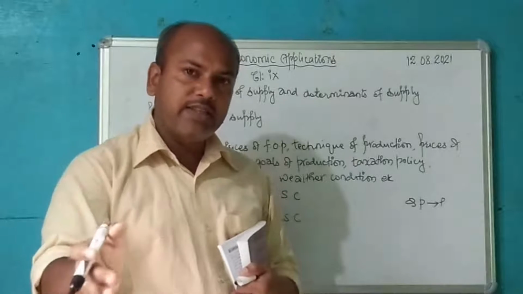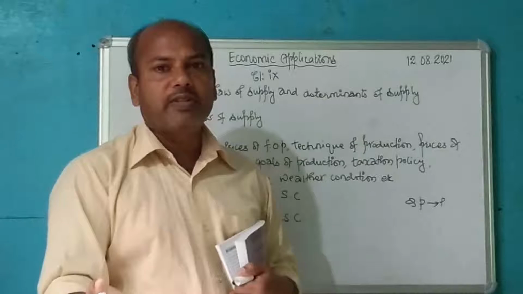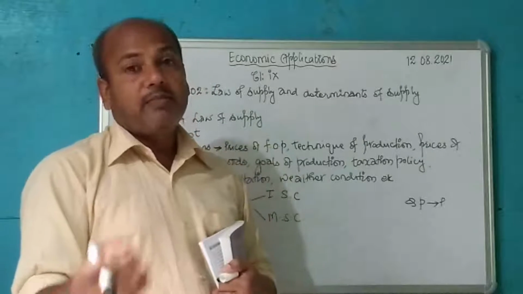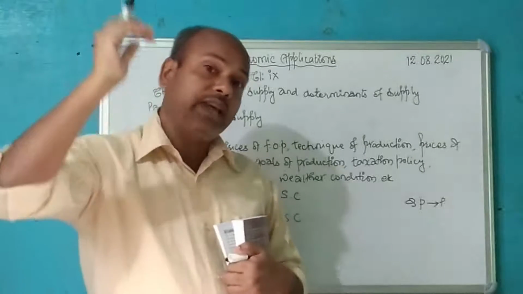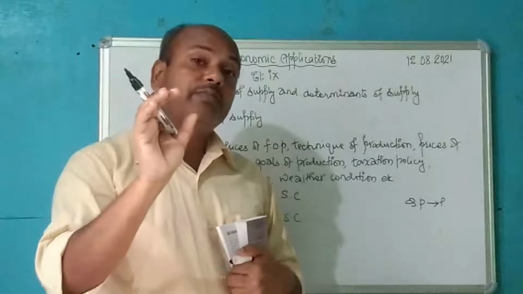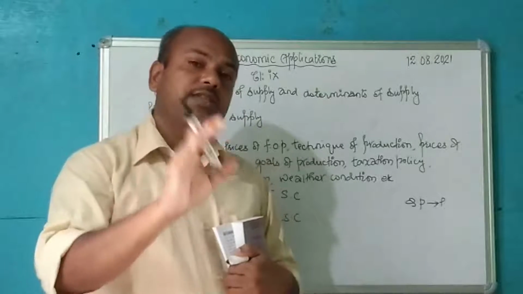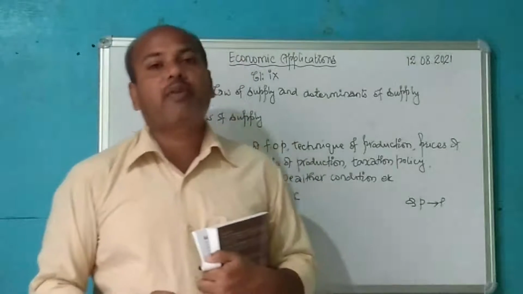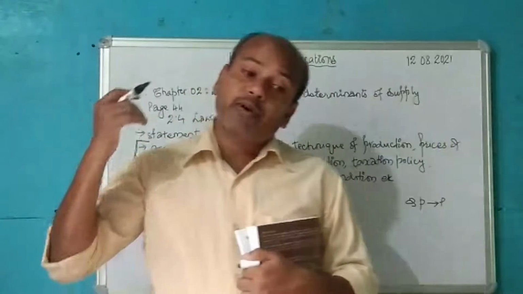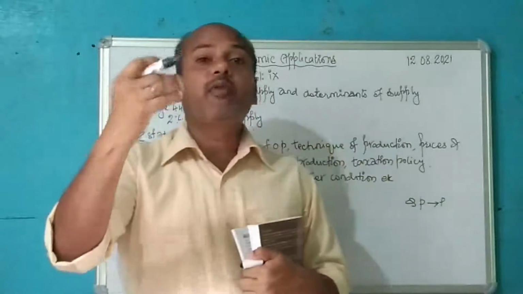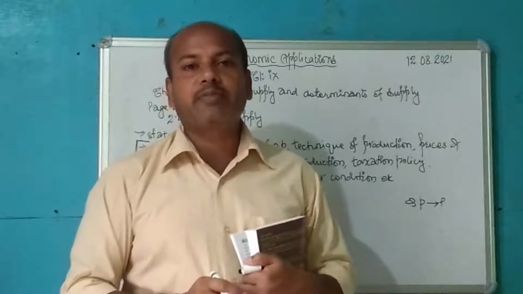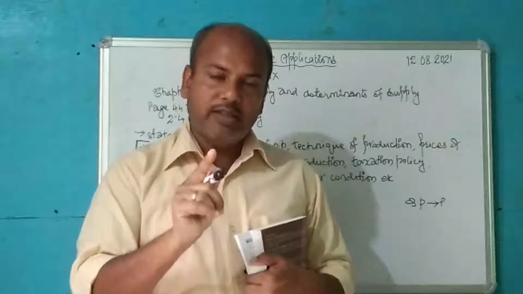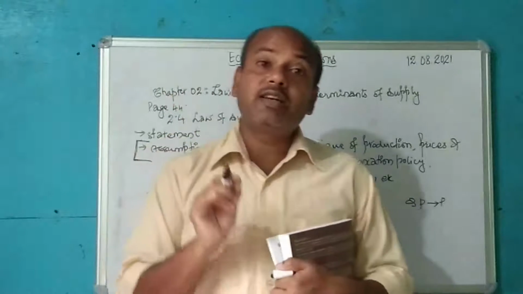If the price it fetches is less, the profit will be less, hence the supply also will be less. But if you are producing something whose price is high, that means you can sell it at a high price, then the margin of profit also will be high. In that case, it will fetch you more profit. Hence, you will try to produce and offer for sale more and more. So, this is the postulate, the statement of the law. In this statement, there is one thing that you should very clearly understand.